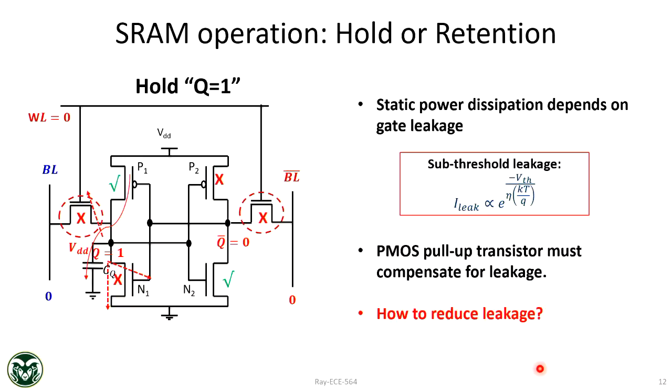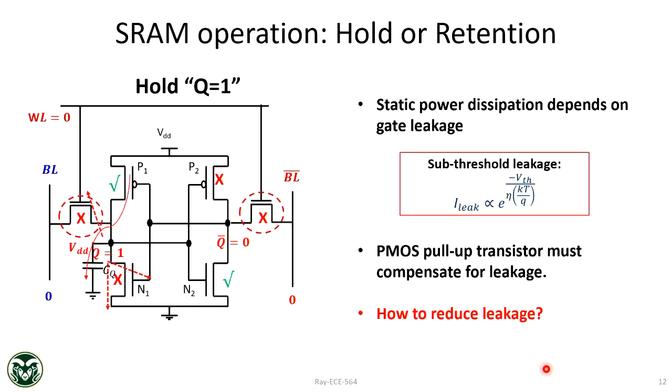So the next question is, suppose your nominal data retention voltage is 0.3 volt. Nominal means at room temperature. If you go to high temperature, do you think the data retention voltage will be high or low? Or will the same DRV be applicable at high temperature? Yes, it will be higher, right?